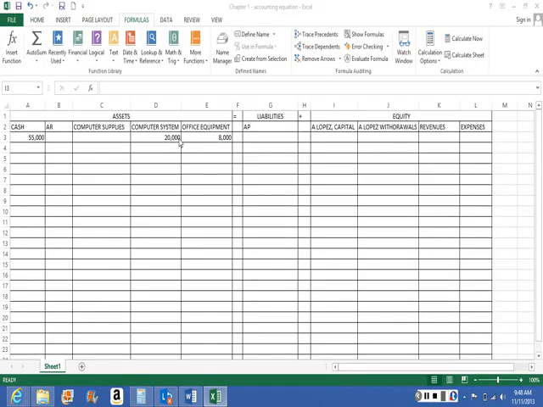Now, the company received the $55,000 cash, the $20,000 computer system, and an $8,000 office equipment. But why? Who gave that to this business? The business got it because A. Lopez gave it. How much did A. Lopez give to the business? Well, A. Lopez gave $55,000 cash, $20,000 computer equipment, and $8,000 of office equipment.